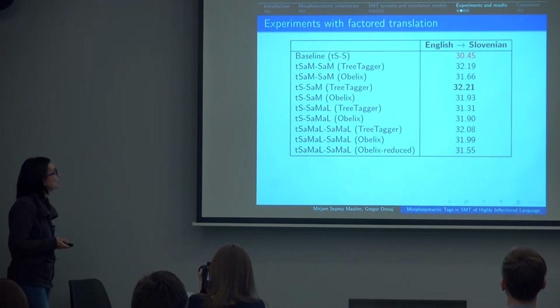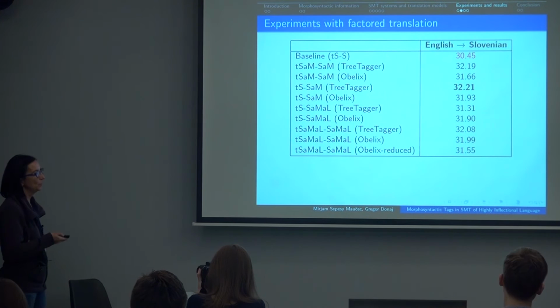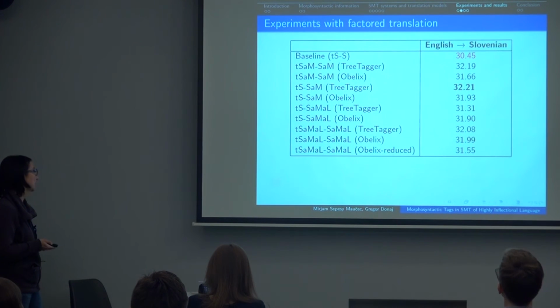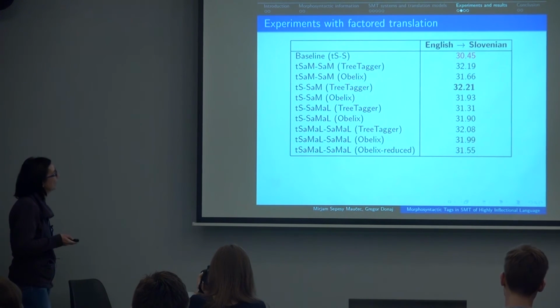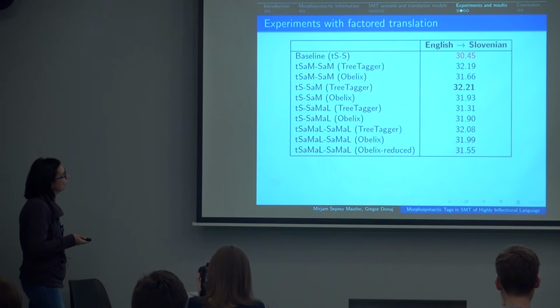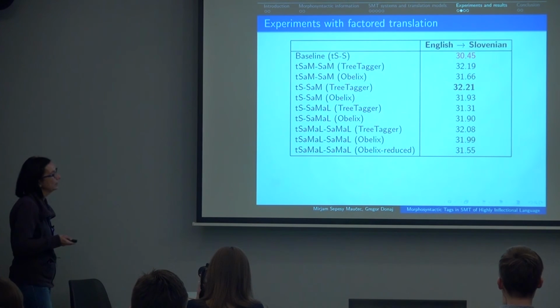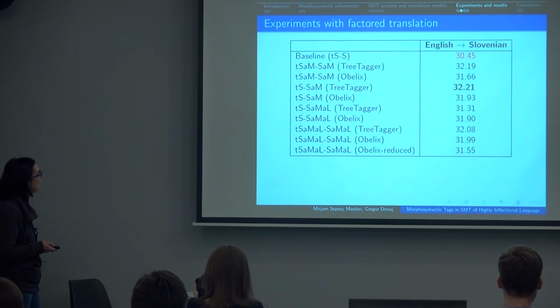In a second set of experiments, we experimented with different factored translations, where each configuration was run twice, first with the 3-tagger and then with the Obelix tagger. In the first line, again, is the result of the baseline system.